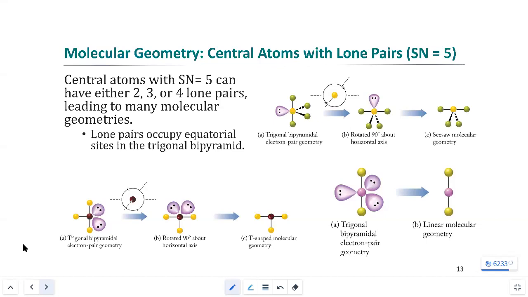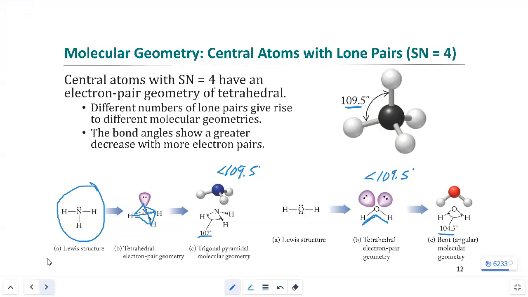When it comes to steric number 5, I said before, this one's going to be the tough one because unlike the other ones, the placement of the lone pairs is going to matter because the positions are not equal in distance from each other. Now, conventionally, in these other two examples, we have shown lone pairs as missing from the top.